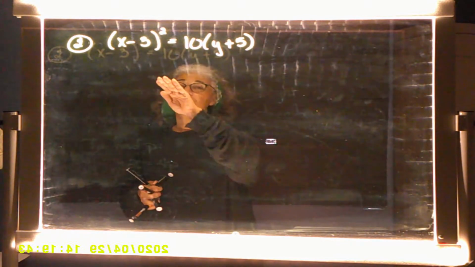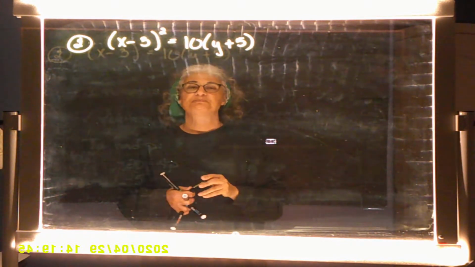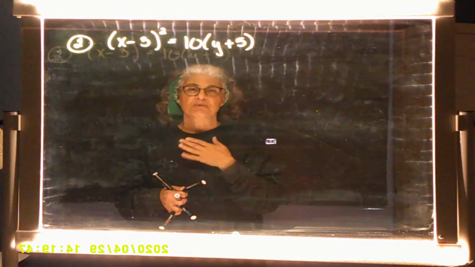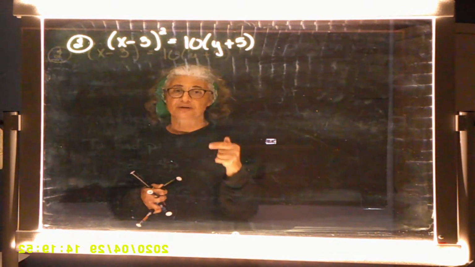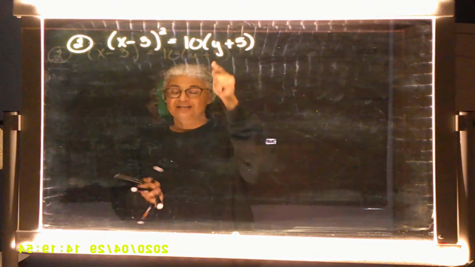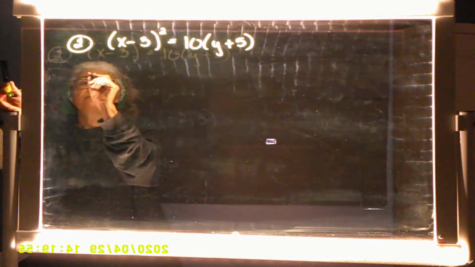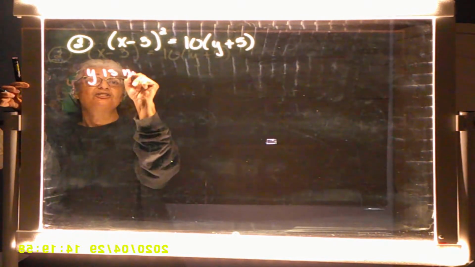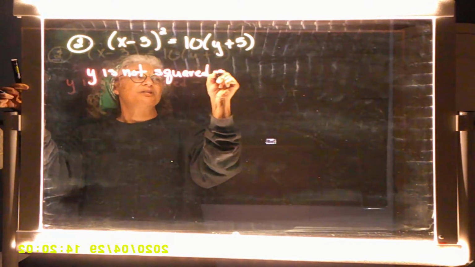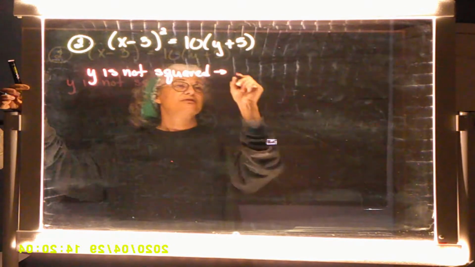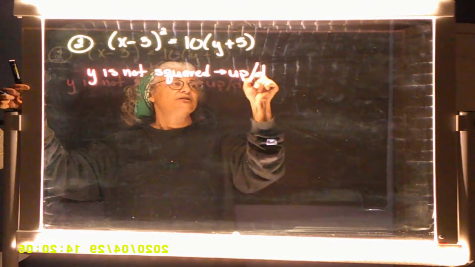This has only one variable squared. Good. So since it's a parabola, remember, my train of thought goes, well, which variable is not squared? The y is not squared. So, y is not squared, which means this parabola is either going to go up or down.